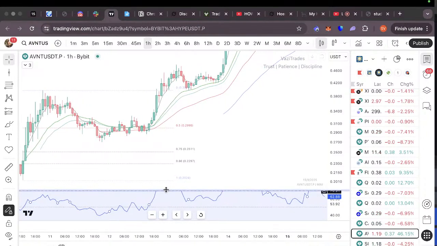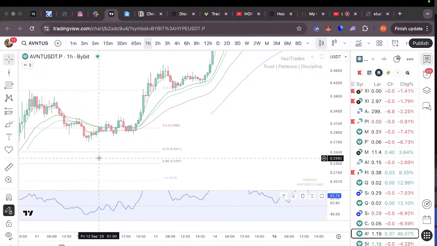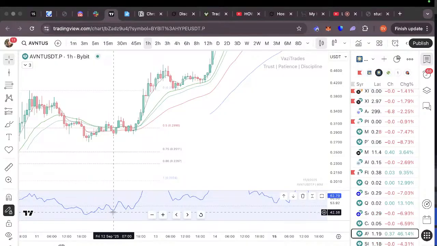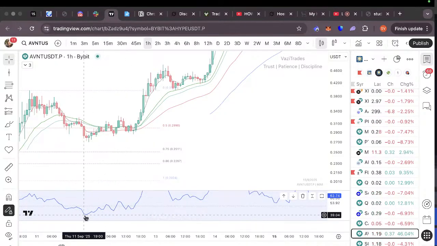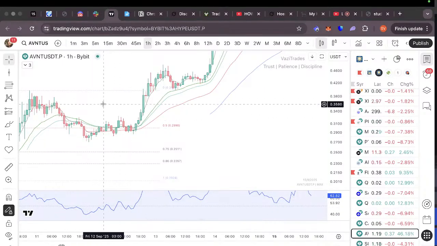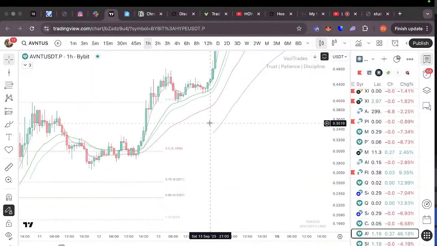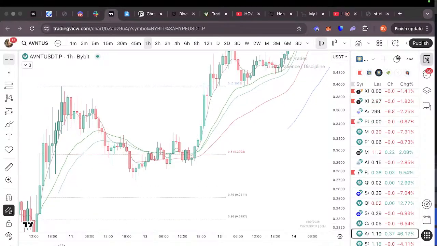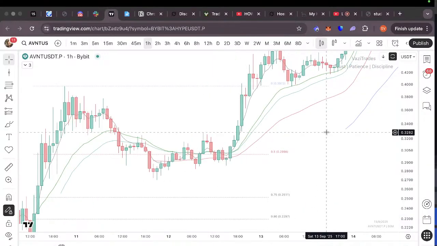Then you can use RSI as another confirmation, but on RSI I don't see any bullish divergence or anything. RSI just follows the price action on the chart, so RSI also didn't give me any answer to my question if it's a good time to long or not.